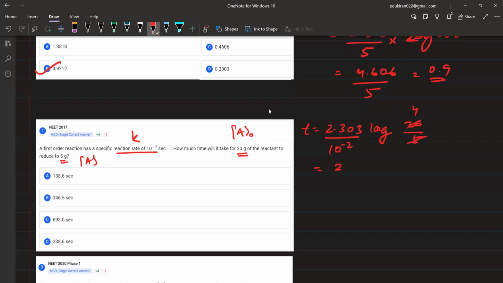Now those who don't know the value of log 4, the answer is 0.60. So 2.303 into 100, 10 to the power -2 will go above and become 10 to the power 2, into log 4, whose value is 0.60. So 0.6 into 2, somewhere around 1.2 into 100, so the value a little more than 120 will be the answer. See by calculating.